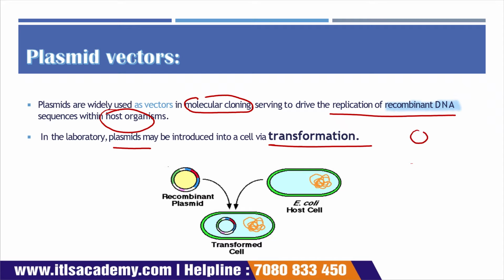So in the laboratory we transfer the plasmid into a host cell. Suppose this is your plasmid and this is your host cell, which also contains genetic material of its own.